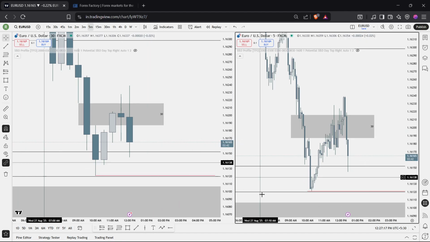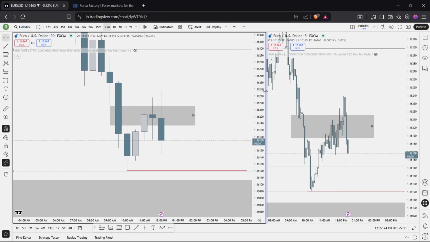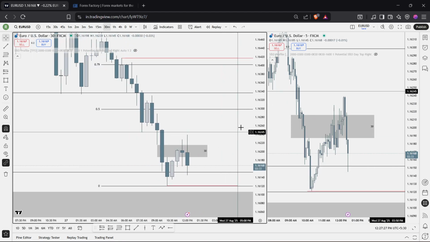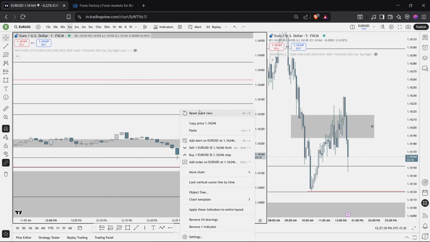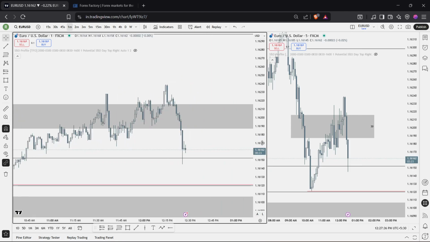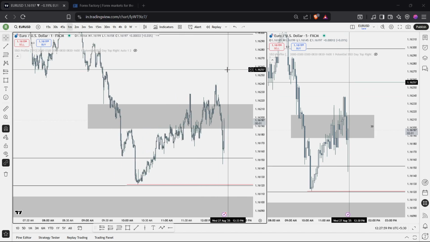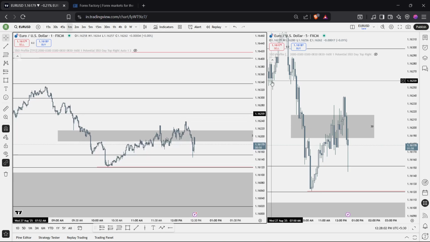Let's see, London will open in 3 minutes now. Okay, we can just sweep this and give the official entry here to go and take my bearish bias.